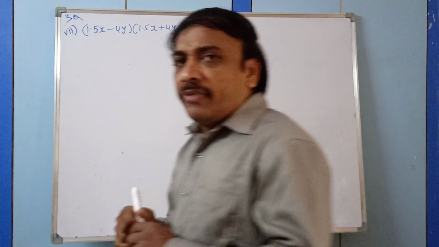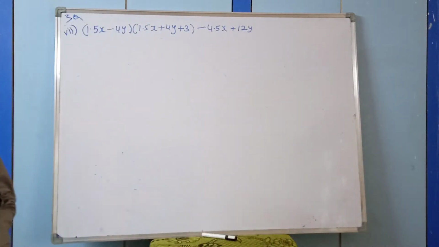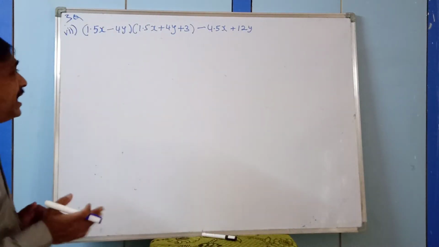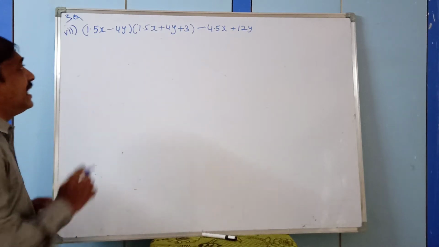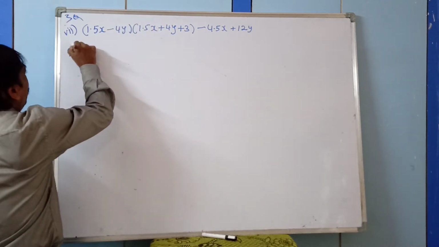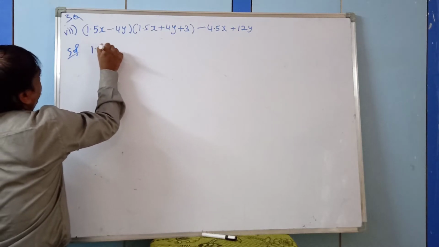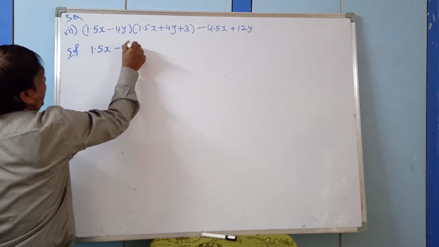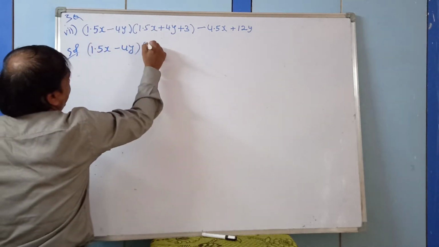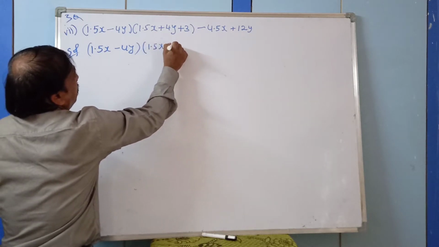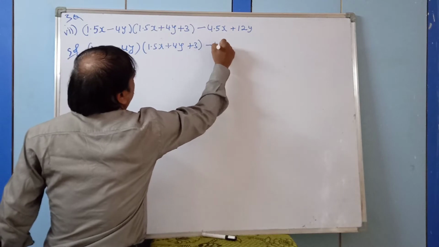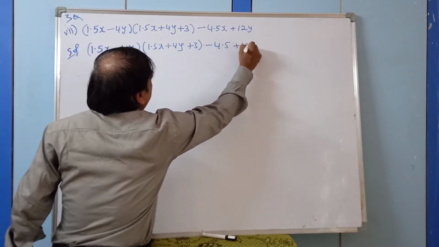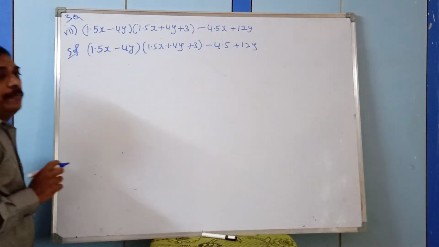See here, when you are multiplying binomial to trinomial or binomial to binomial, each and every term should be multiplied without leaving any single term. So first one, 1.5x minus 4y, this is given actually, into 1.5x plus 4y plus 3, minus 4.5x plus 12y.